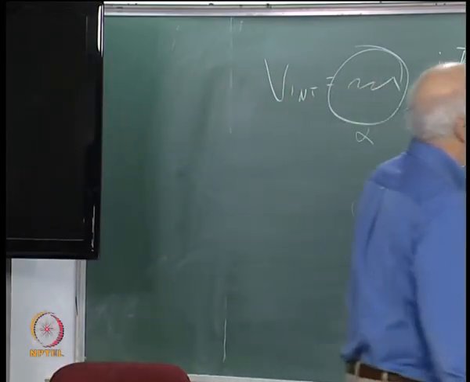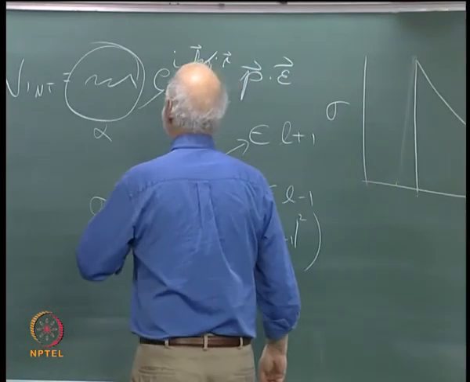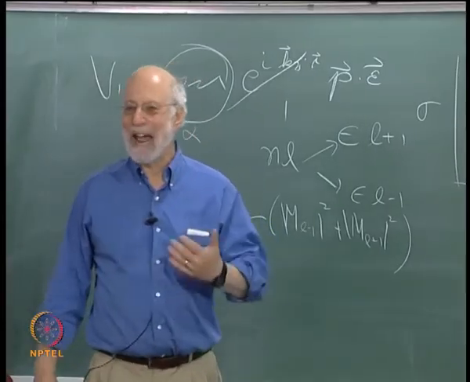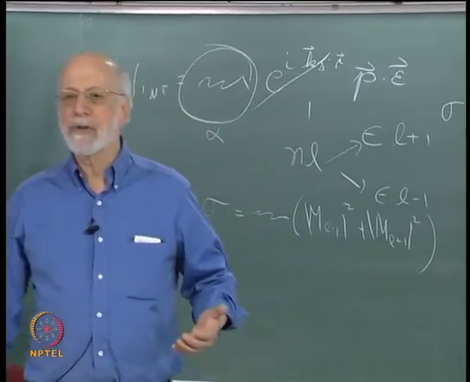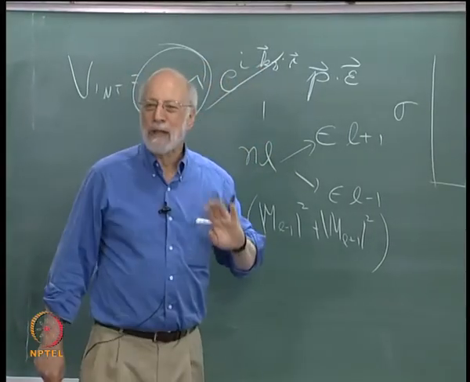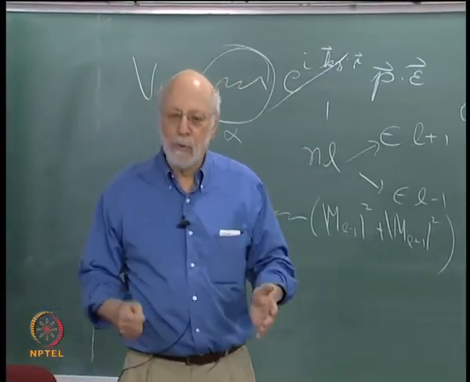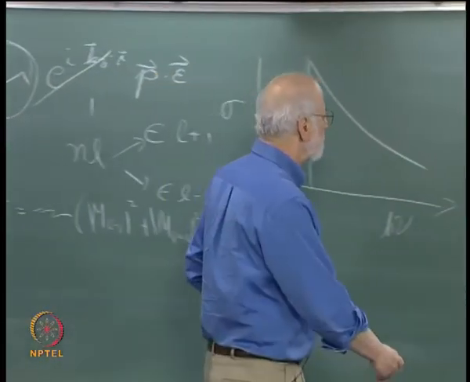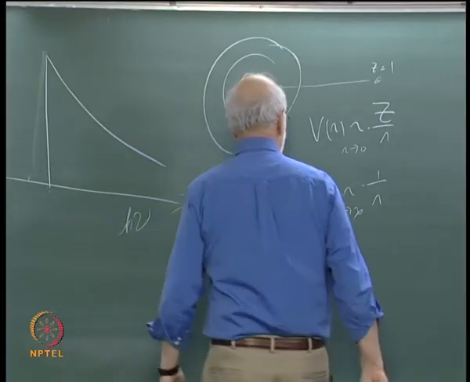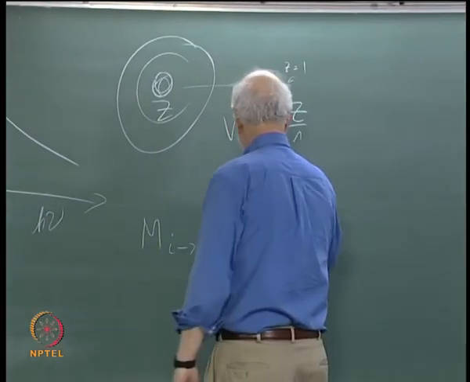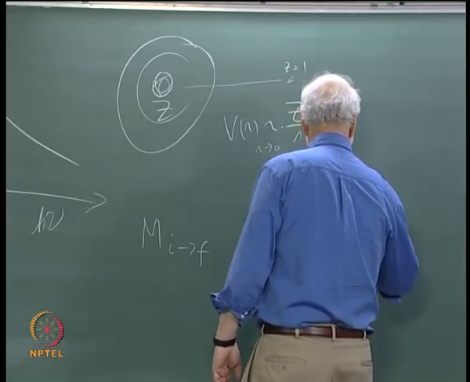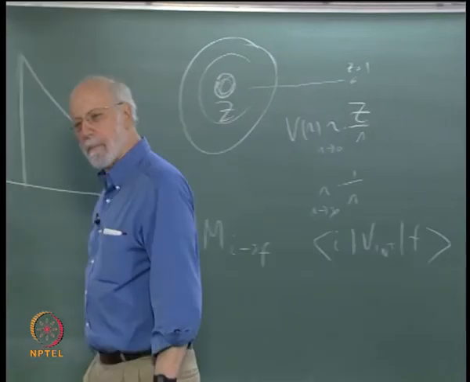Okay, so in order to calculate this, you have to calculate an amplitude, a matrix element, as it were, of this thing. I'm not going to go into detail about how you do it, but the matrix element from some initial state to some final state is just initial state, V interaction, final state.